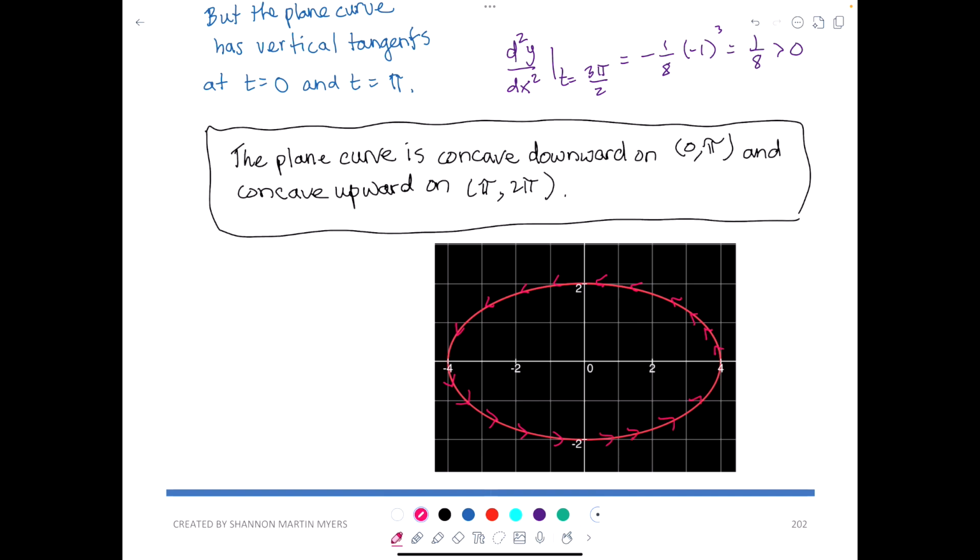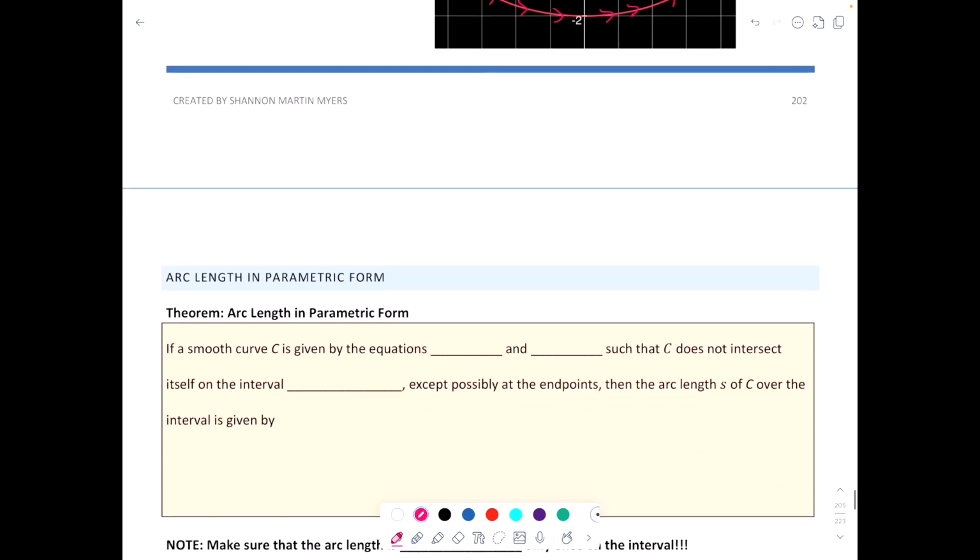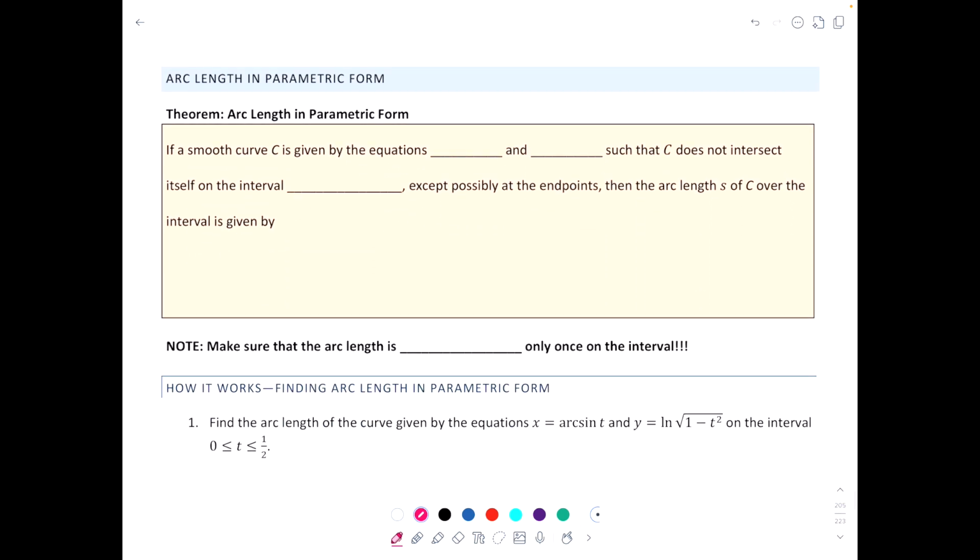Groovy? All right, so let's see what's next on the agenda here. Arc length in parametric form.